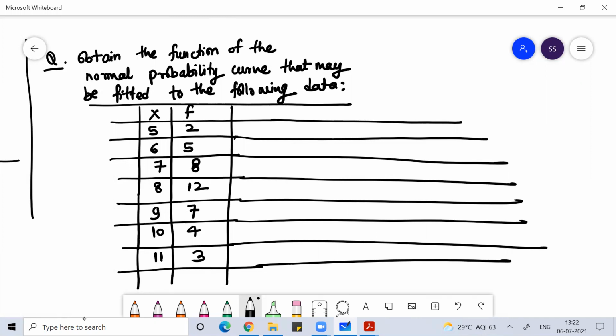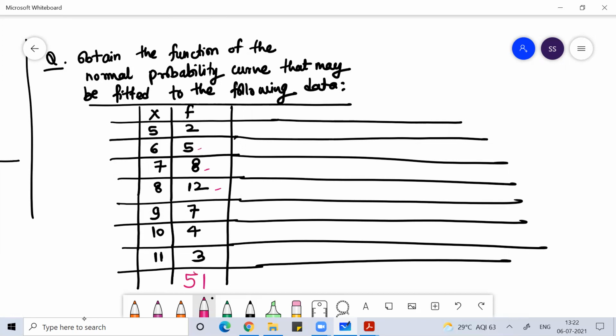I can find the total sum of f. How will I find it? 7, 15, 27, 27 plus 14 is 41, 41 plus 10 is 51.